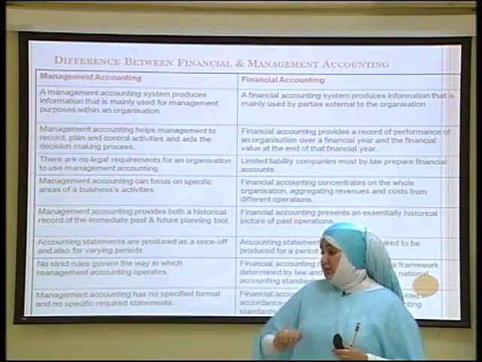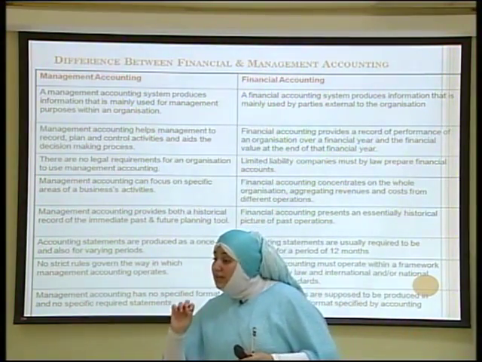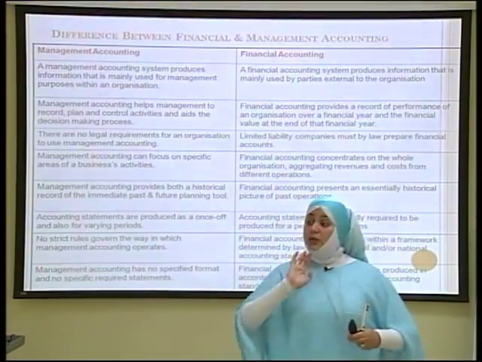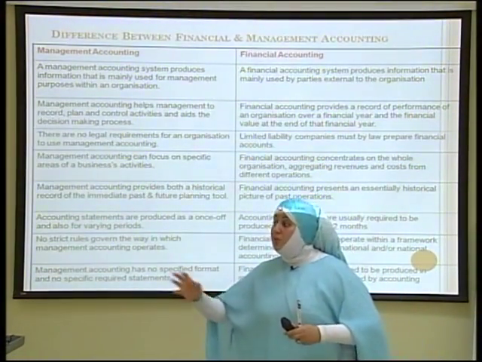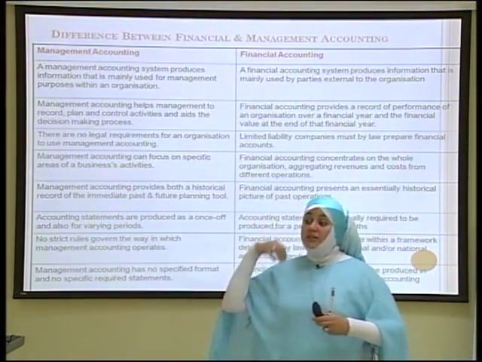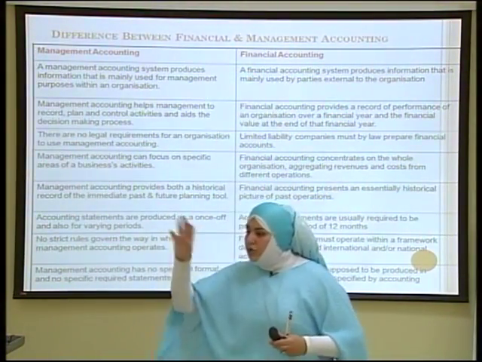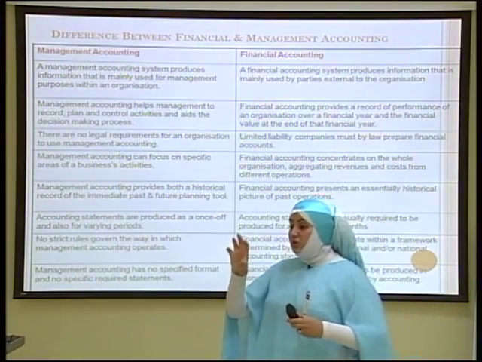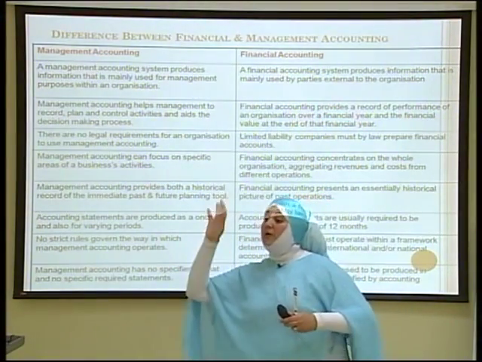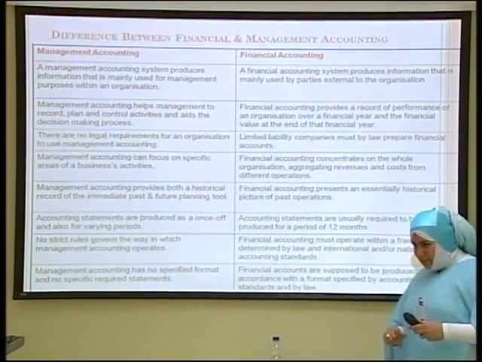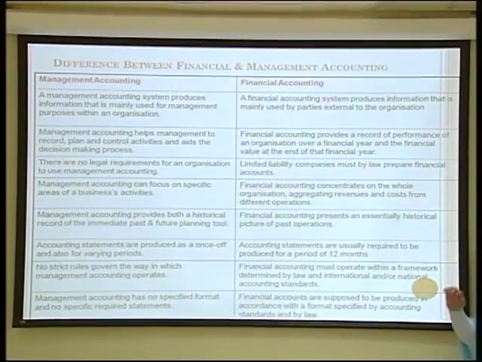In management accounting, you can focus on one of these units, one of the production lines or branches, to plan for this branch, if it has some strengths or weaknesses. You can ask for accounting reports about this branch only, not necessarily the whole organization, for a specific purpose.